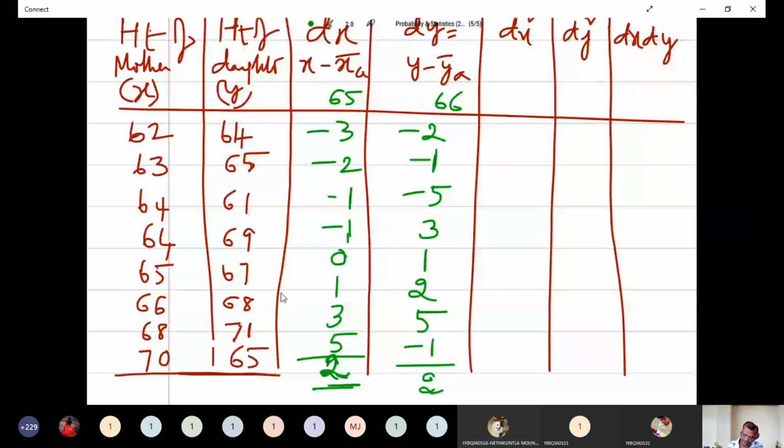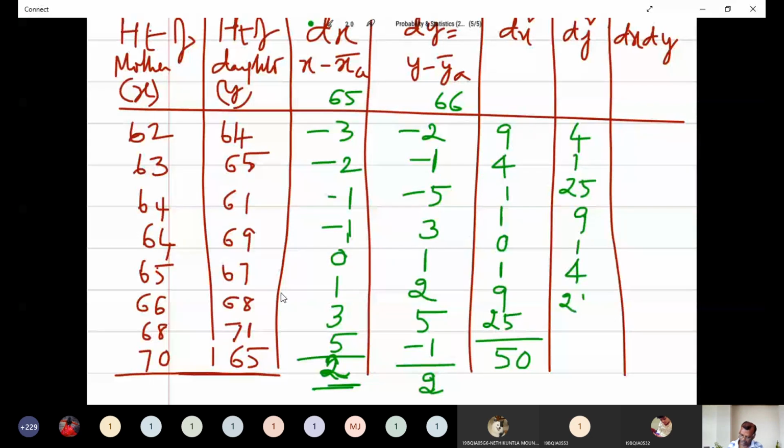Now, dx square: 9, 4, 1, 1, 0, 1, 9, 25. Okay, 50, sir. Totally 50. Yes, sir. Next, dy square: 4, 1, 25, 9, 1, 4, 25, 1.